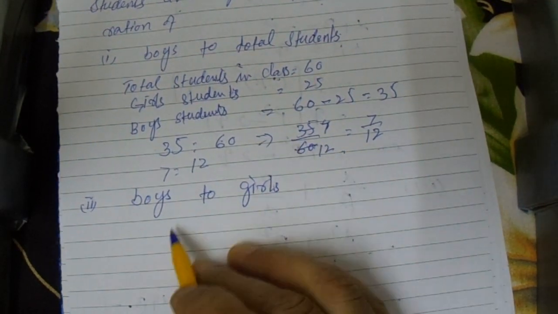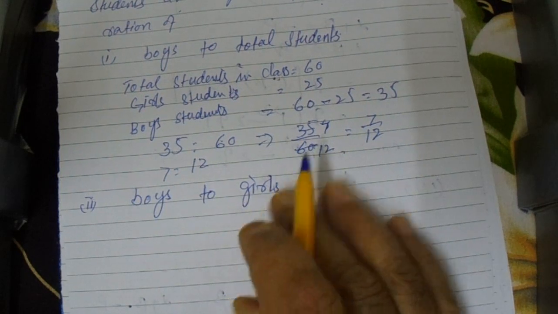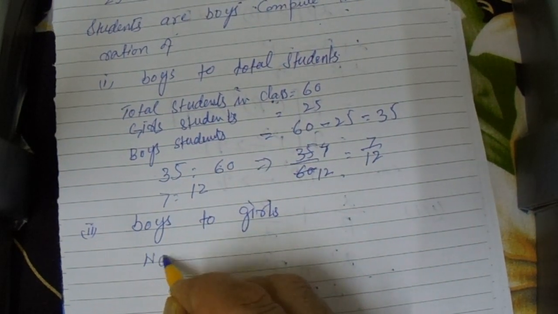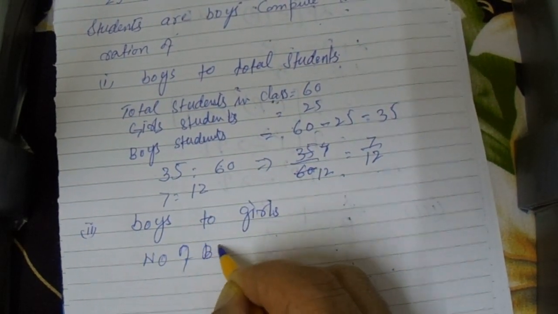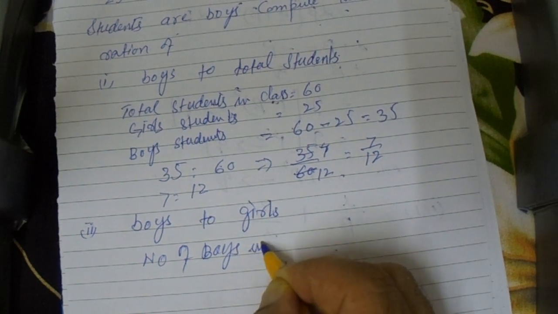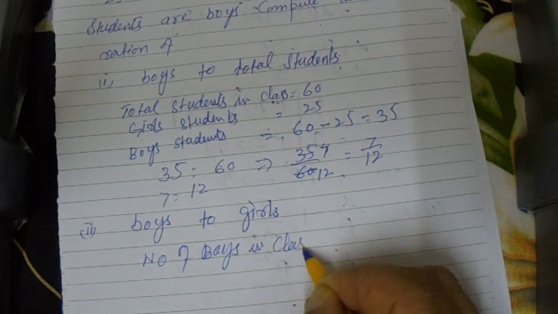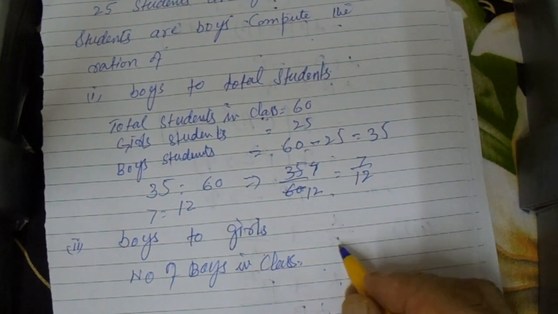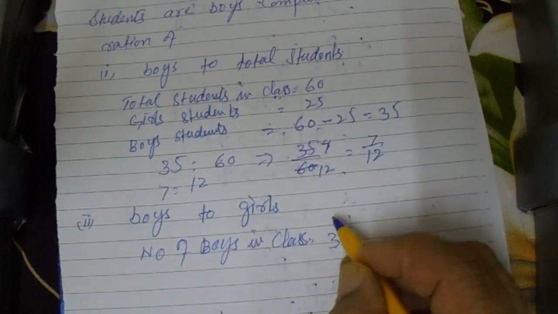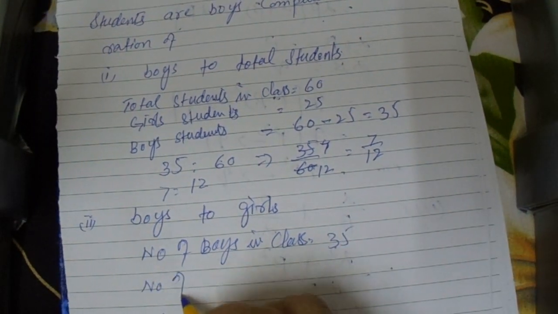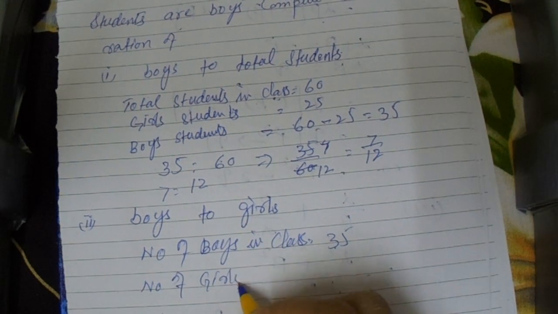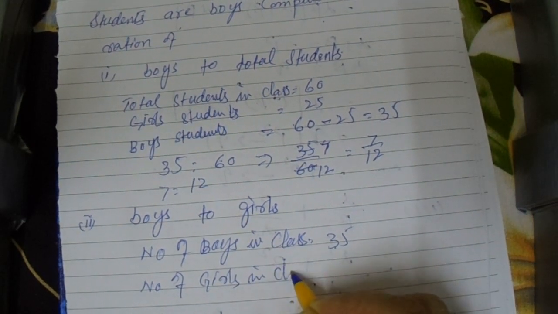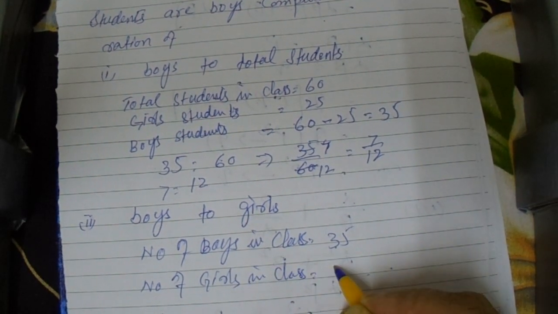Now the second is boys to girls. Number of boys in class is equal to 35, and number of girls in class is equal to 25.